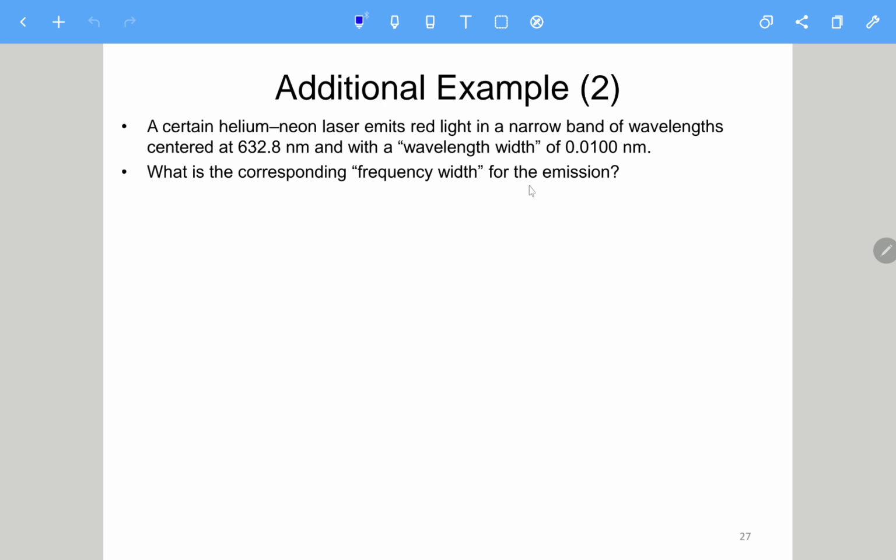Okay, so actually in this example, we need to use the property of c equals f lambda. c is the speed of light, f is the frequency, lambda is the wavelength.